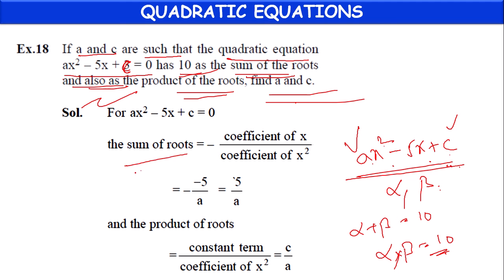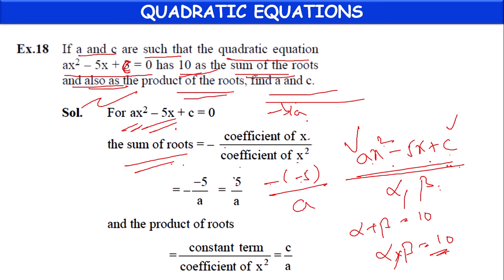So let's find the sum of roots first. The sum of roots formula is minus b by a, which means minus coefficient of x by coefficient of x square, where the coefficient of x is minus 5. So we will get minus of minus 5 by a.